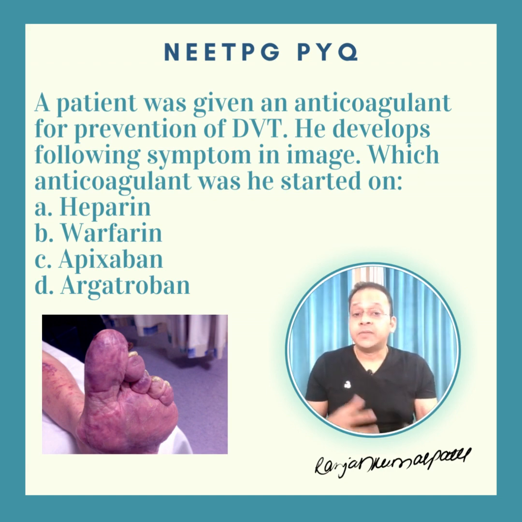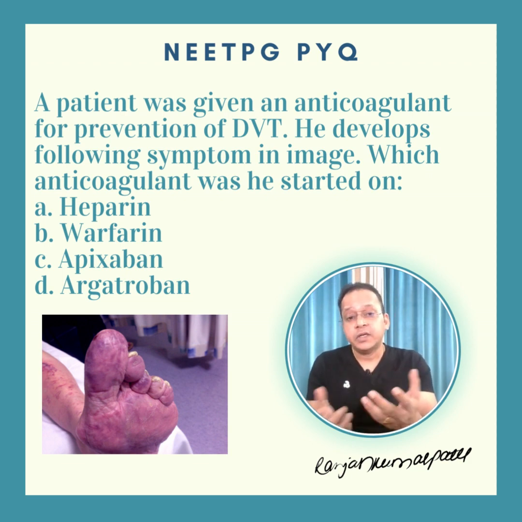But if there is a native valve and severe mitral stenosis, then again I'll use warfarin. There is another MCQ. Plus, if my body makes lesser urine, renal failure, then I'll again use warfarin. So M for makes lesser urine, M for mitral stenosis, M for mechanical valve. Remove all the M, I get W, that is warfarin.